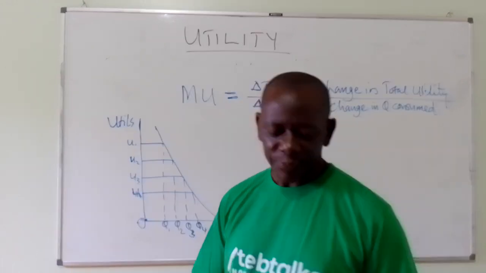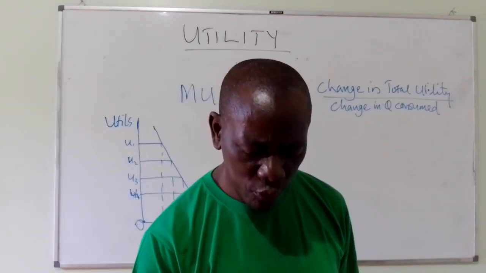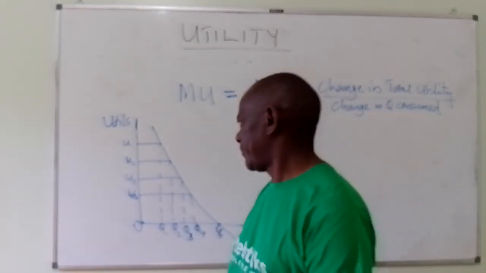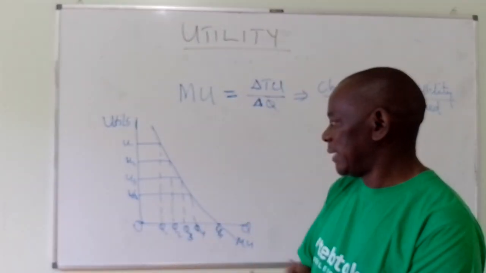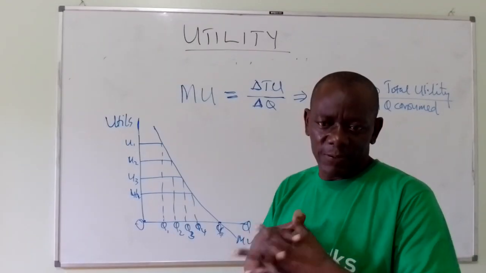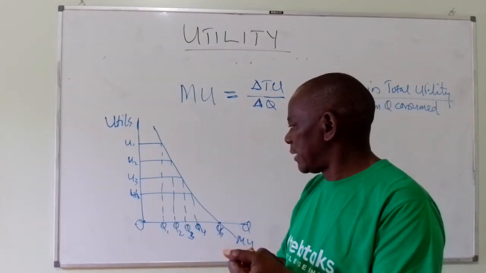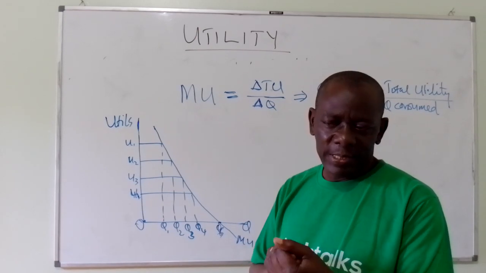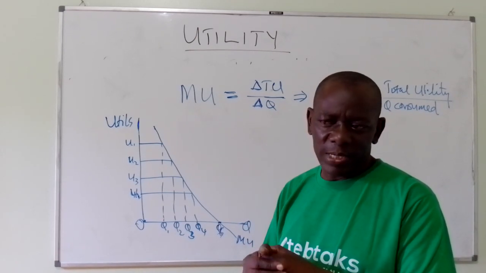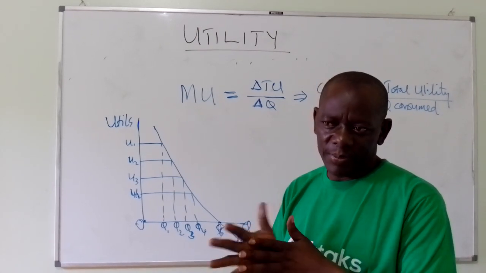That's why if you went to a party with self-service, you are going to realize that the amount of food that people put on the plate depends on the time when the food has been served.